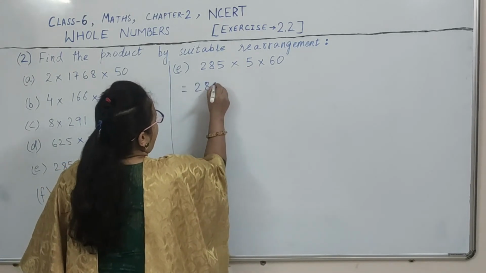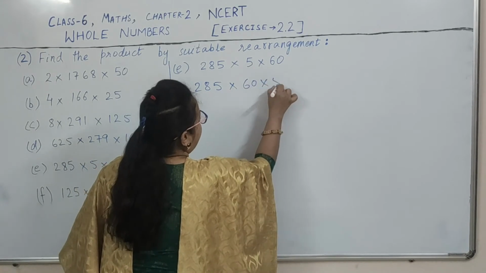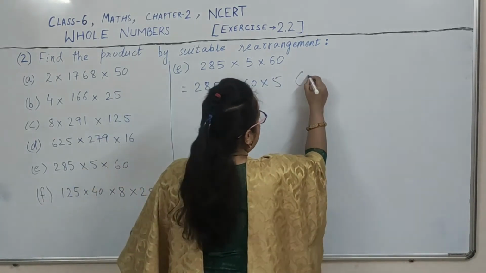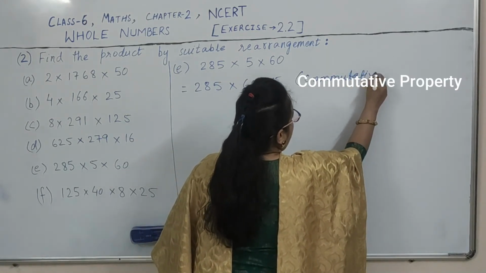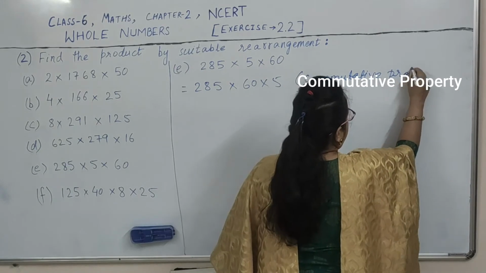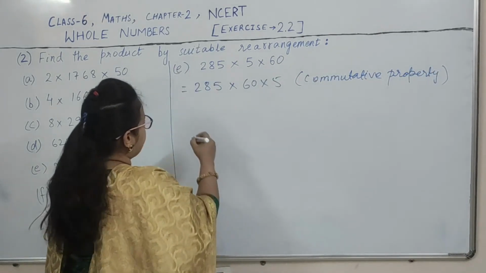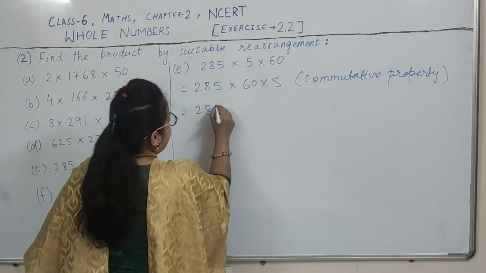See, 285 into, we will take 60 here and 5 here. 5 into 60, we have done 60 into 5. This is commutative property. Okay. Now what we will do, we will break this in two parts.